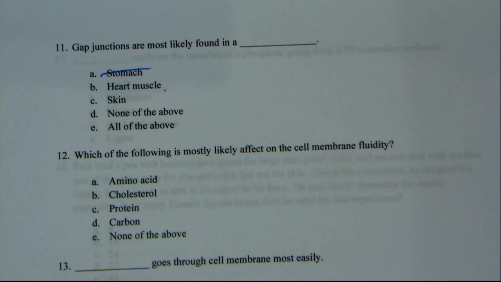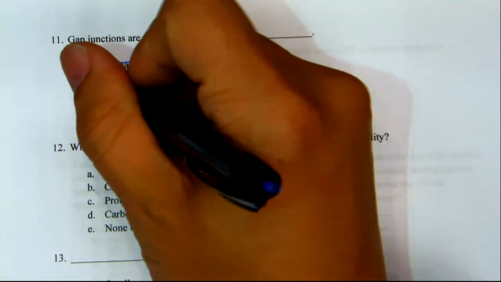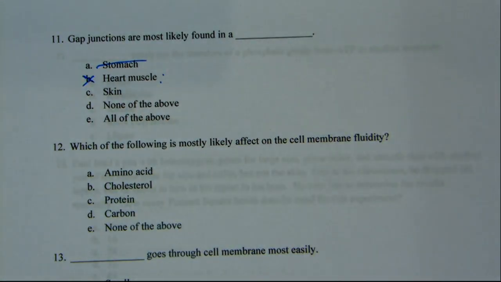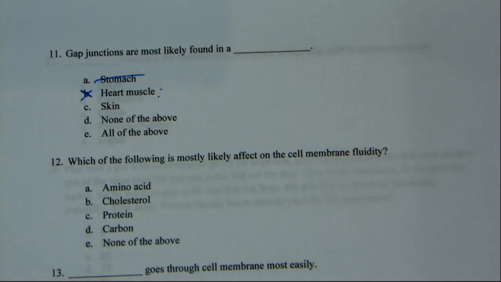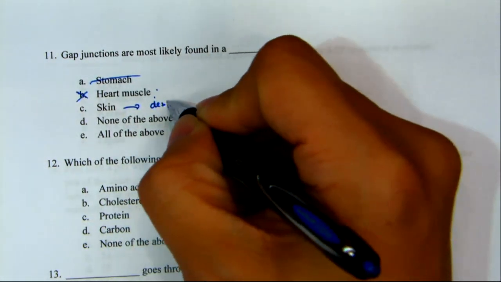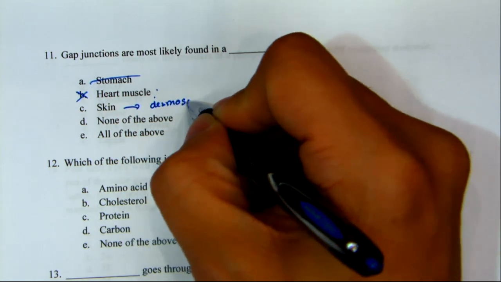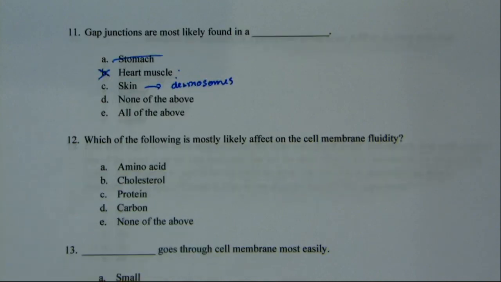The pulse doesn't synchronize, right? So muscle from the left or the right are not going well together. So this one is actually the answer here. The heart muscle is where you found gap junction. Skin would be desmosome. Okay, so the answer for that one is B.